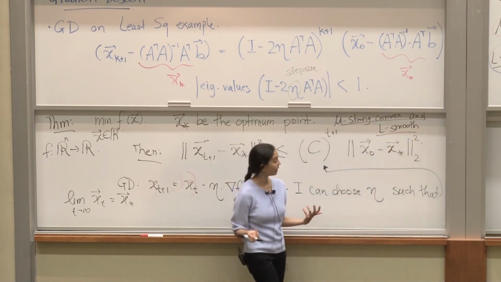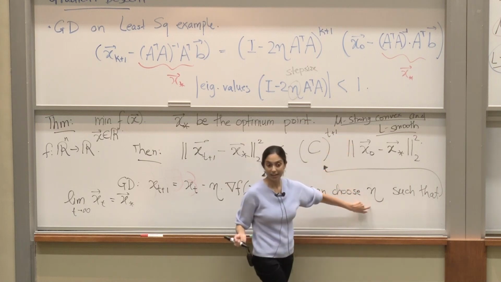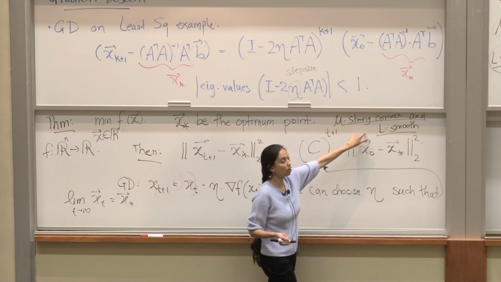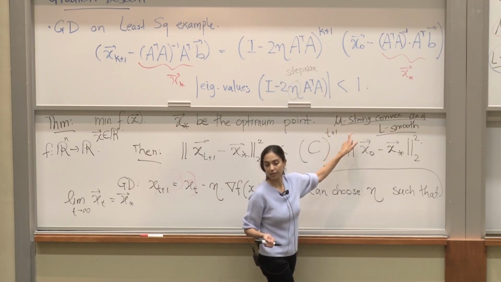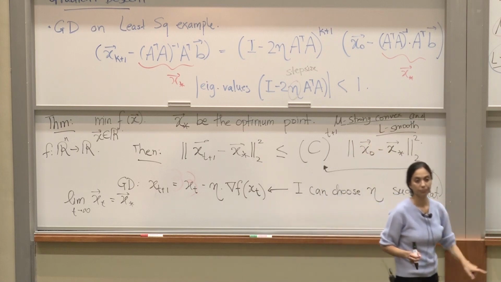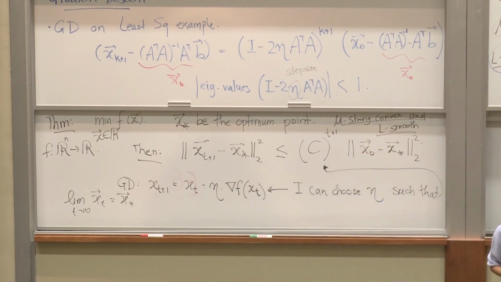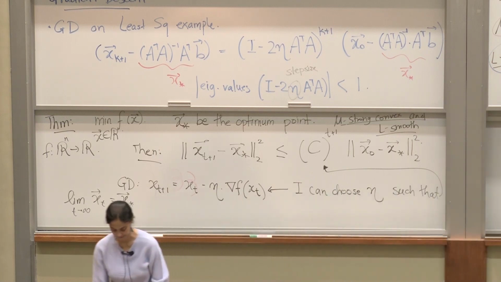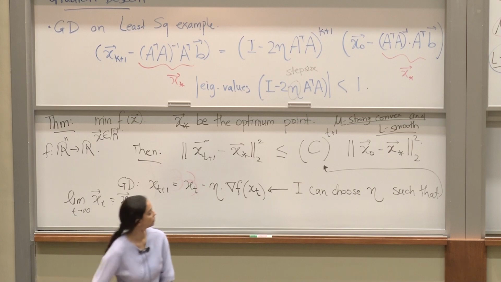And as you might have guessed, our choice of eta is going to depend on the strong convexity and the smoothness parameters. Other questions? We're good? Okay. Wonderful.